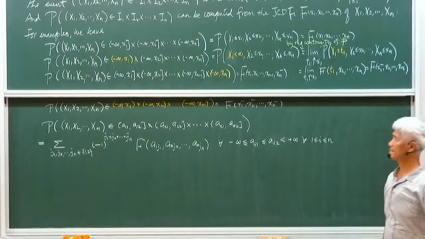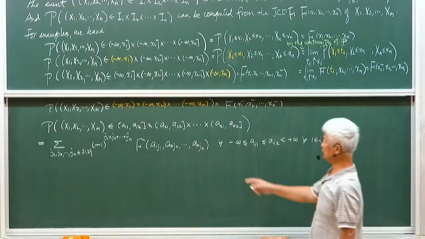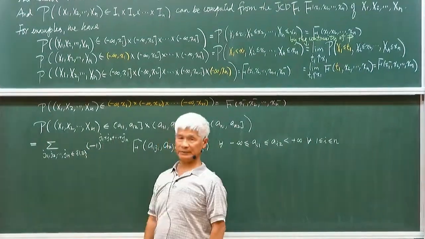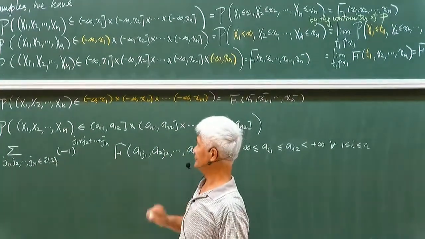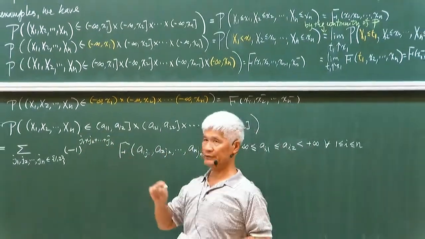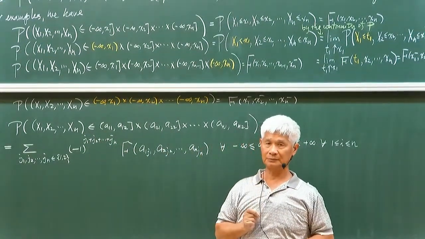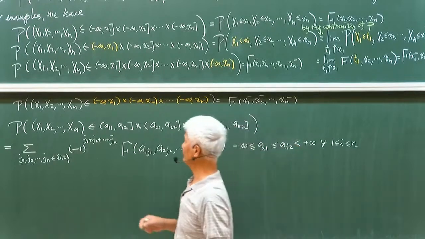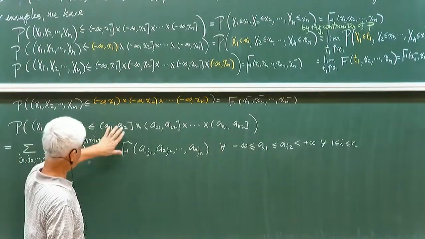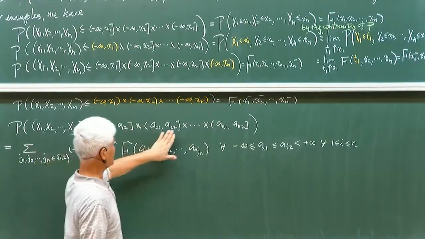So we have 2 to the nth power terms here. If n is 10, then we have 1024 terms. So even though we can compute it, this I1 is this type, and so are I2 up to In.